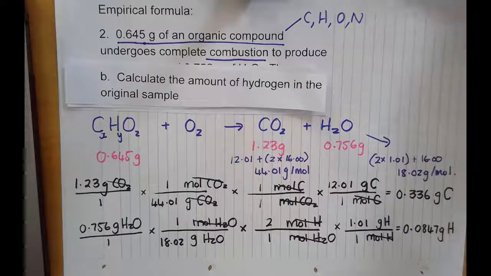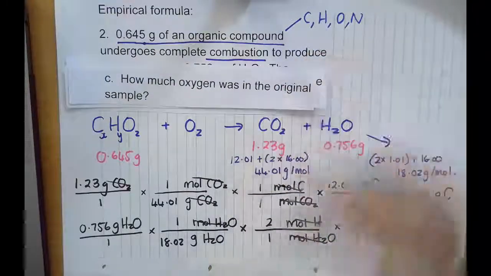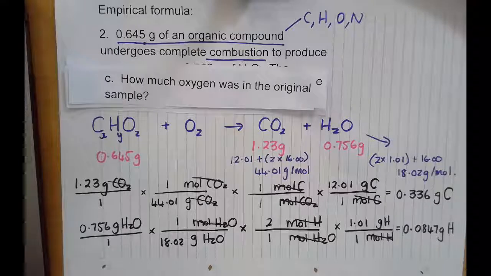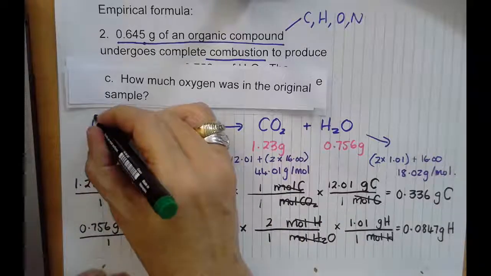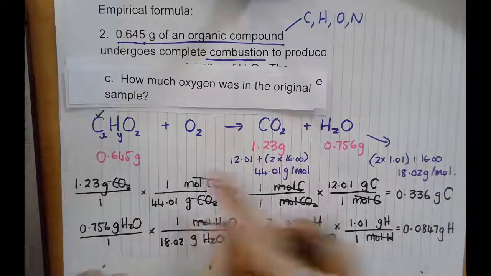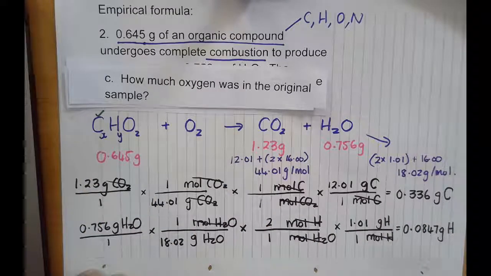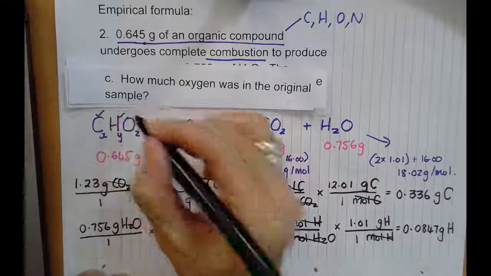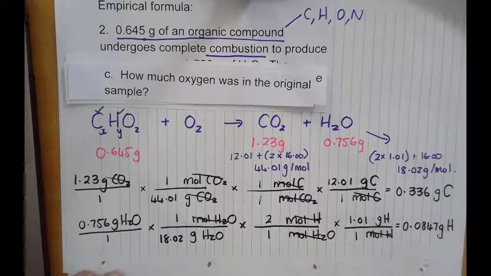When I get to C, C says how much oxygen was in the original sample. This is actually the easy one, because you have just determined how much carbon you have. You know that you have 0.336 grams of carbon in this original compound, and you've determined how much hydrogen you have in the original compound. It's now possible for you to determine how much oxygen you have. Well, that's very simple.